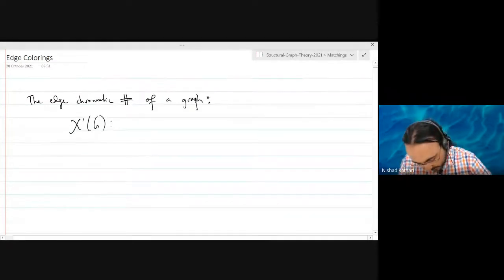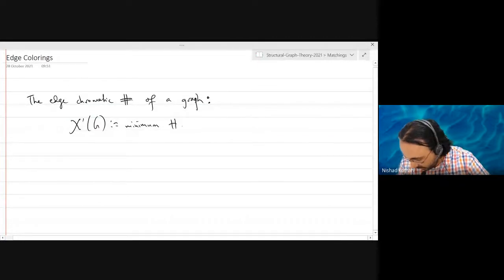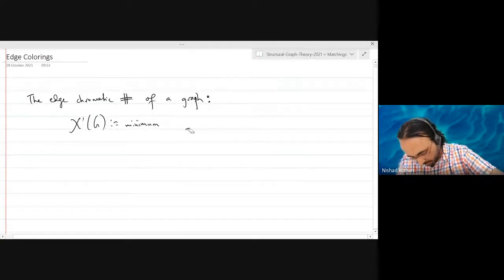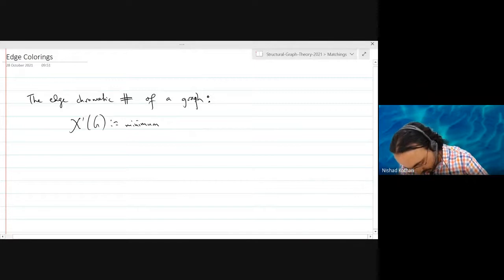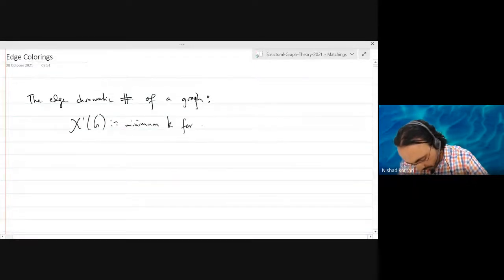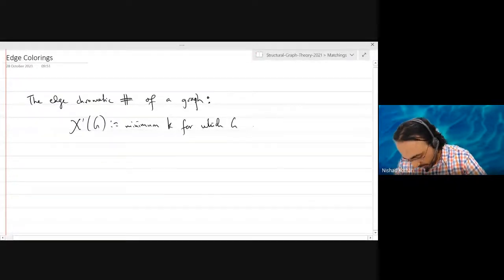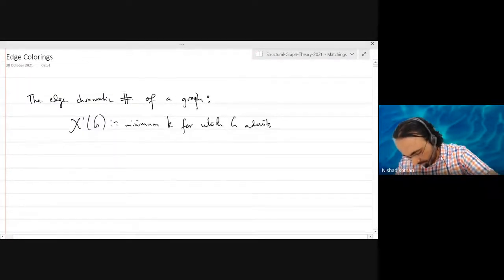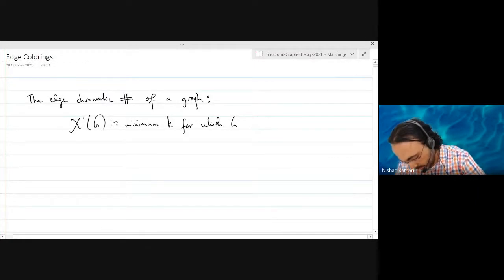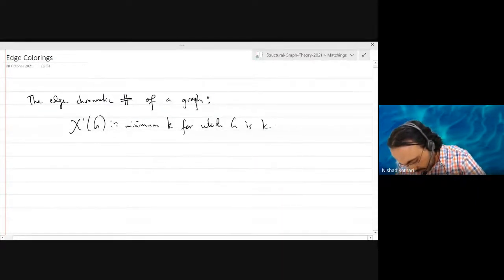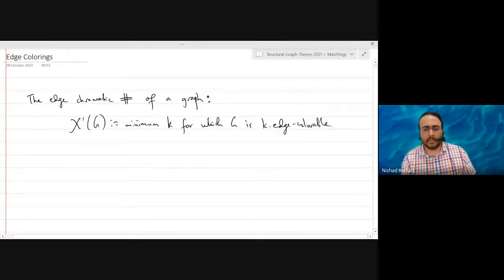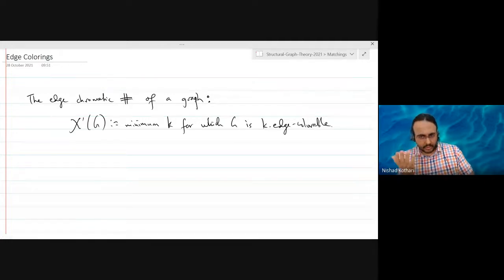So that is the minimum number, the minimum k for which the graph G admits, or maybe let me just say it is k edge colorable. Right? In other words, it is the minimum number of colors required to get a proper edge coloring of the graph.